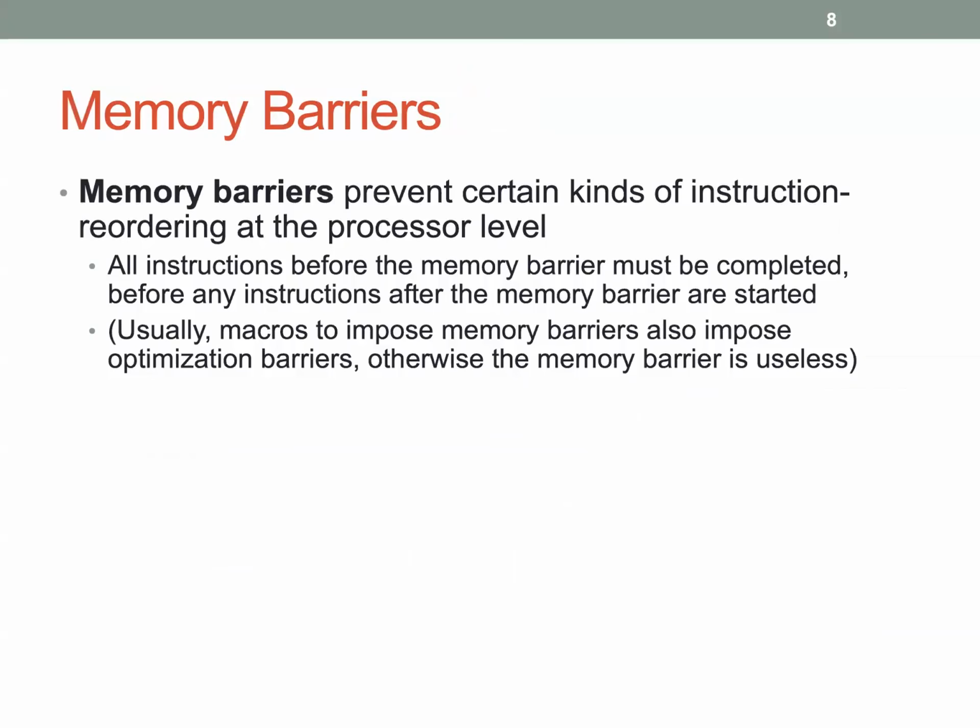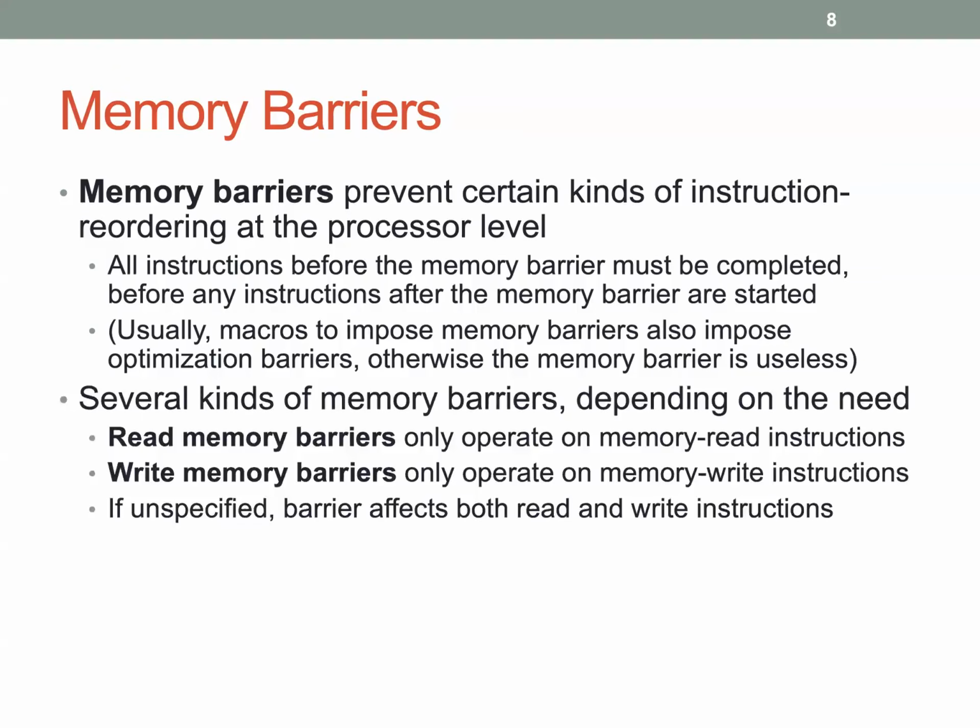Oftentimes OS implementations will have another C macro that inserts a memory barrier, and the memory barrier also will include an optimization barrier, because if we don't want the CPU reordering, almost certainly we also don't want the compiler reordering across that boundary. So the memory barrier macro will typically also include an optimization barrier.